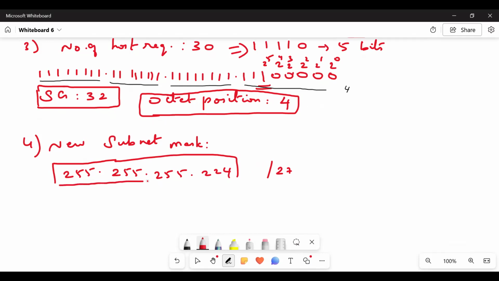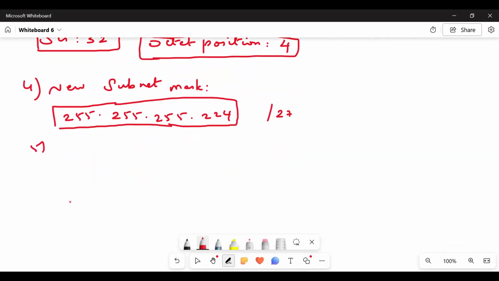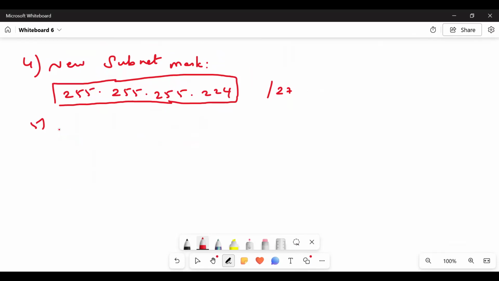Now we are going to write the subnet range. Fifth step is network range. So our IP address is 216.21.5.0. We need to start the ranges with the respective octet position. Our octet position is 4, so we need to change in the 4th position only.